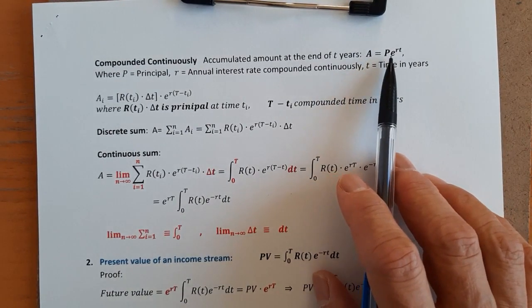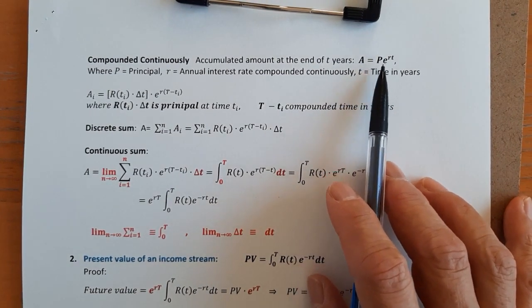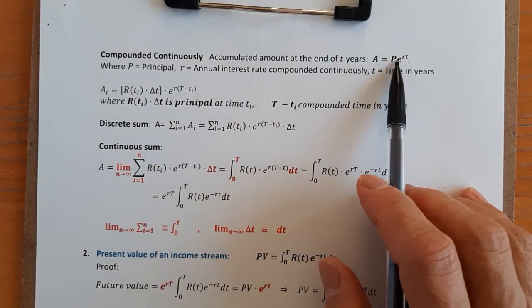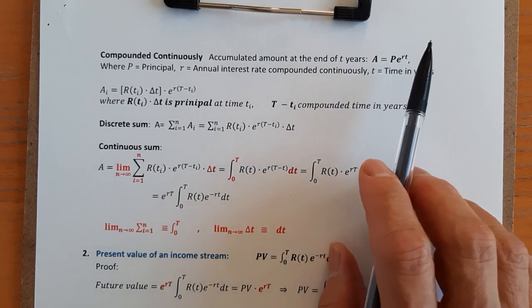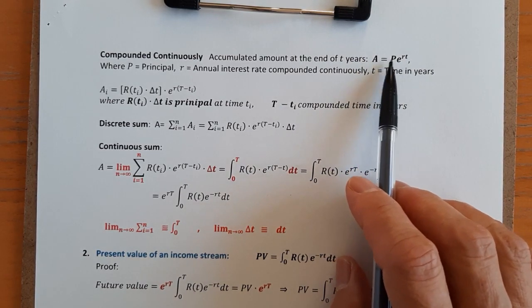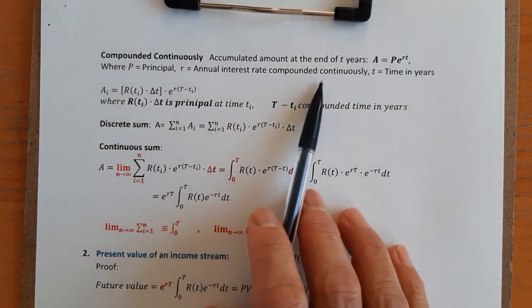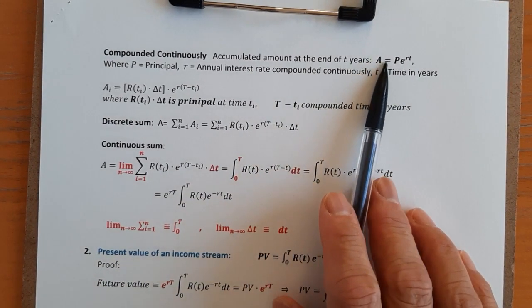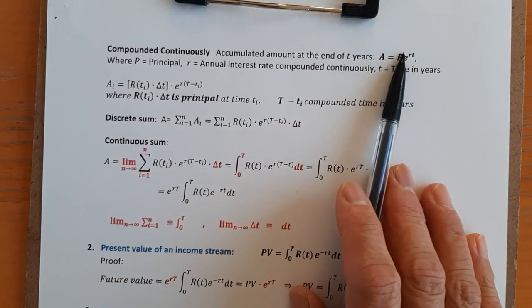If you deposit P dollars into the account compounded continuously at annual interest rate r, then after T years the amount A is equal to P, the principal, times e to the power rT. This is the compounded continuously accumulated value formula.